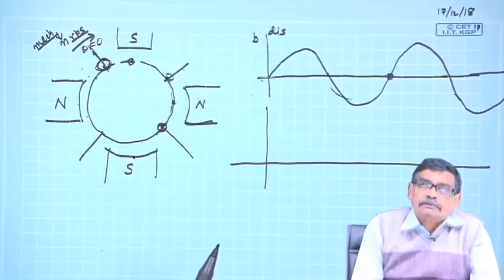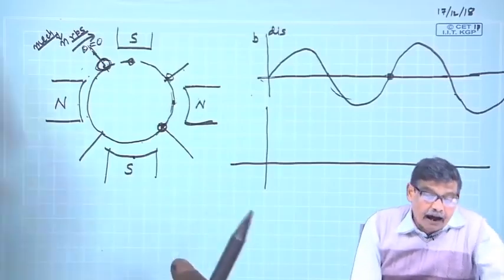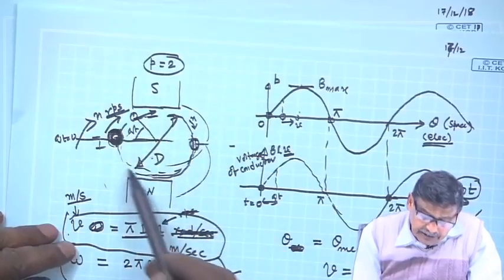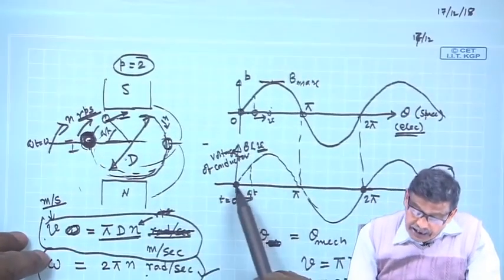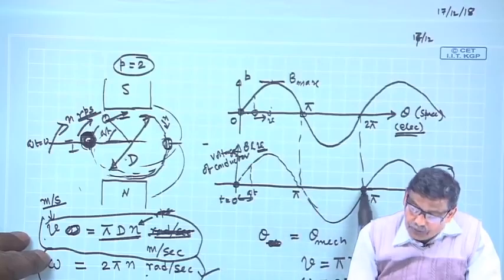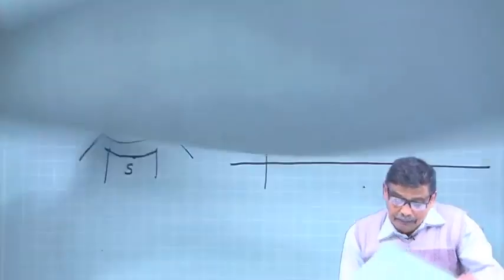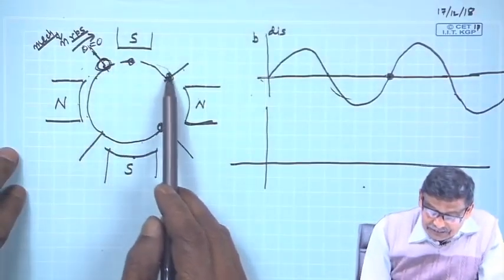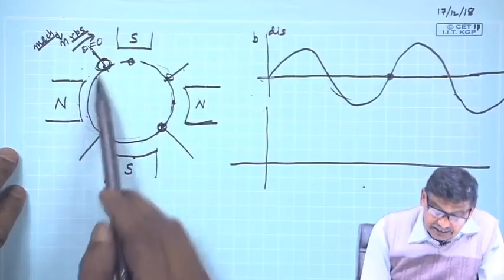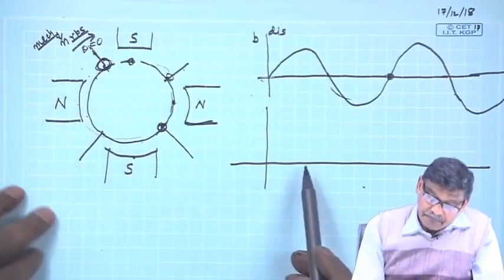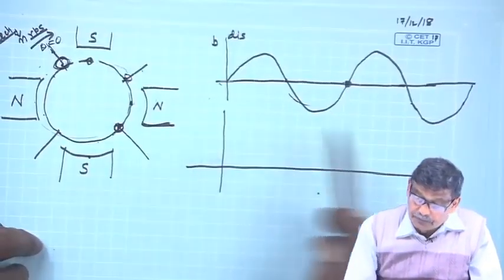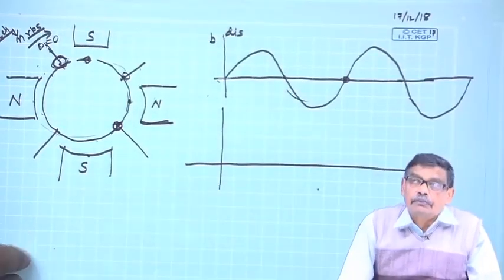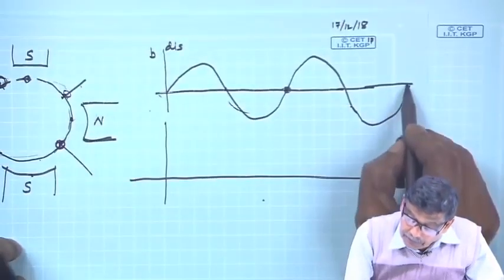That is the thing. In the earlier case, when the conductor has moved by 360 degree mechanical, your EMF has produced one cycle of EMF. But here you can see, when the conductor has moved 360 degree mechanical, 2 cycles of EMF will be consumed. That is what I want to tell.